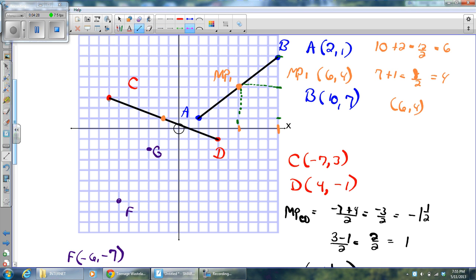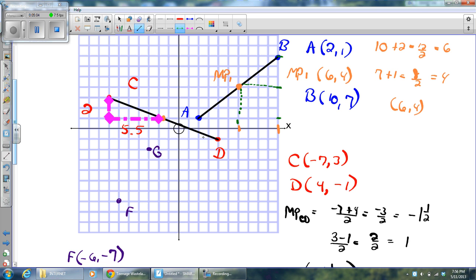So if I go down 2 and then over 1, 2, 3, 4, 5.5, right? So let me put those in. If I was going to do a Pythagorean theorem on this, I would have A and B to be 2 and then 5.5, right? Well, if it's truly the midpoint, then when I do a Pythagorean theorem on the other half, I should have the same dimensions.